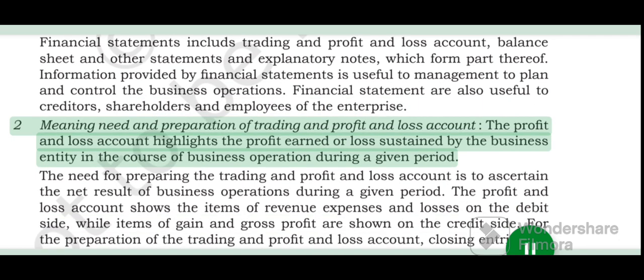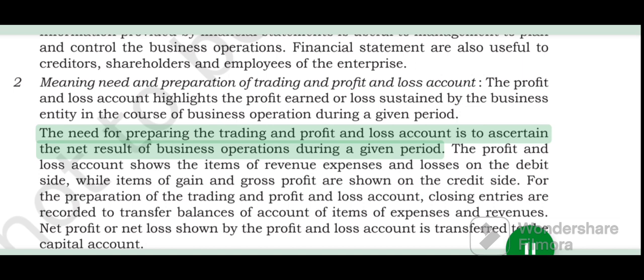2. Meaning and need for preparation of trading and profit and loss account. The profit and loss account highlights the profit earned or loss sustained by the business entity in the course of business operations during a given period. The need for preparing the trading and profit and loss account is to ascertain the net result of business operations during a given period.